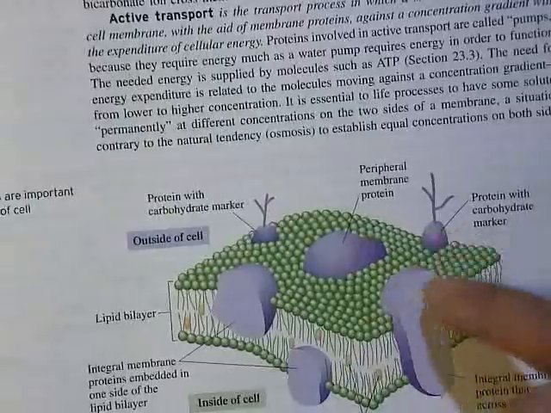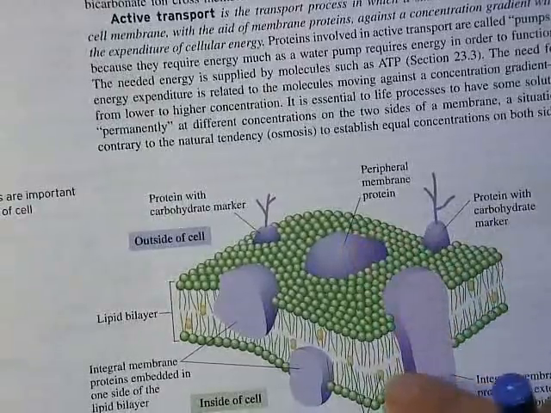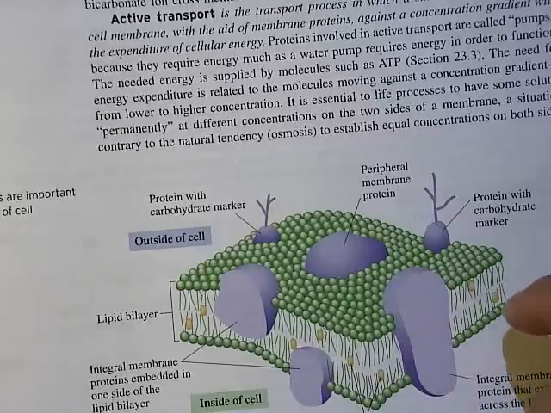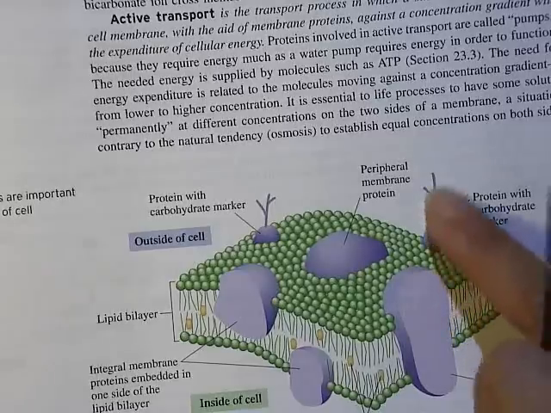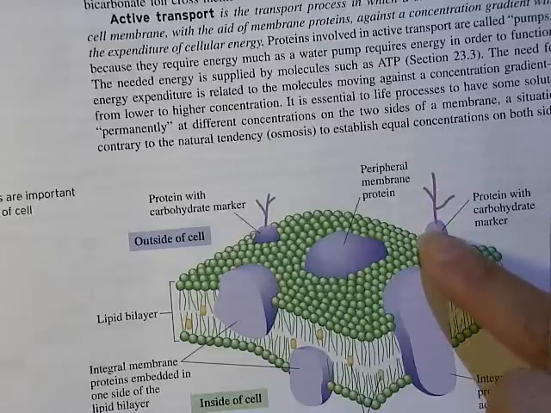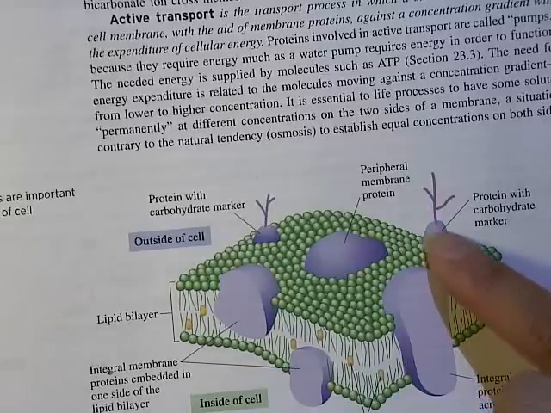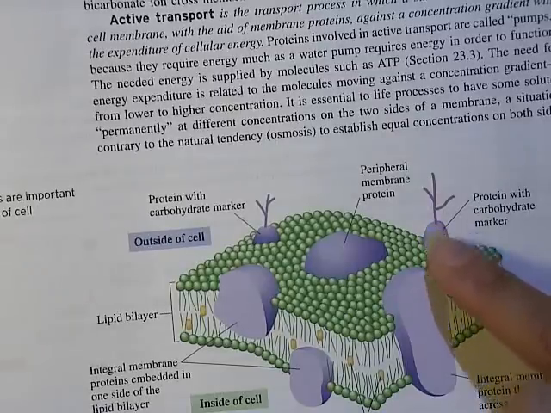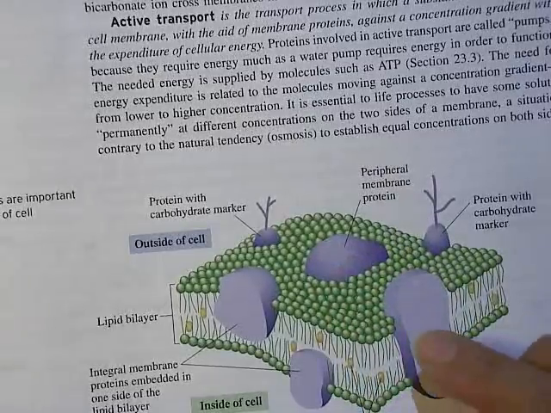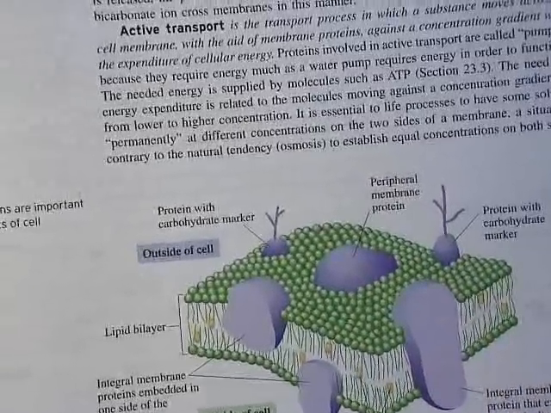This is a lipid bilayer. These are the proteins. These little yellow things are cholesterol. And things coming off a protein are the carbohydrate markers. This would be the outside of the cell, and this would be the inside of the cell. So you've seen many pictures like this.